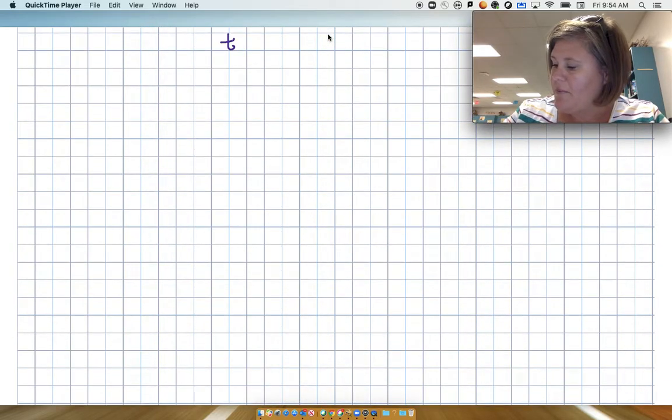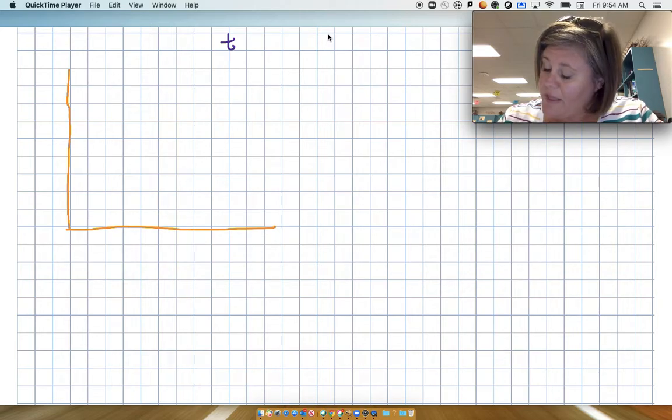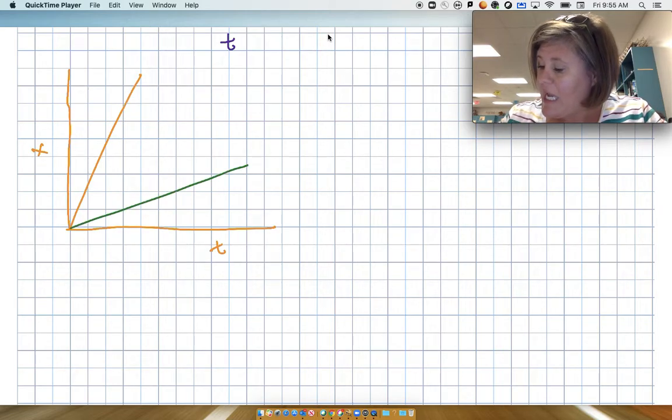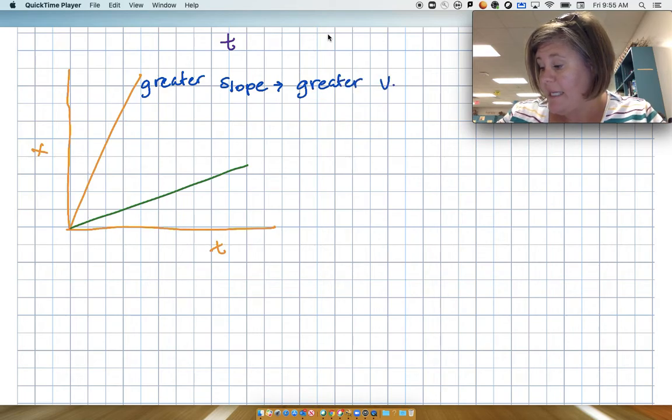Let's see, another one that you could have seen. Or another thing that you could have noticed here, position versus time graph. Like we've got that, and then we've got like this, okay? The greater the slope represents a greater velocity.